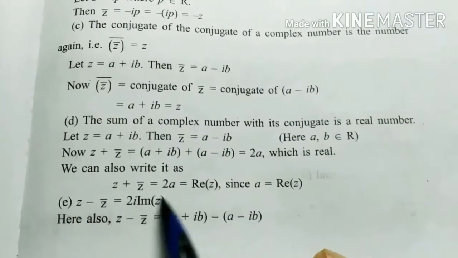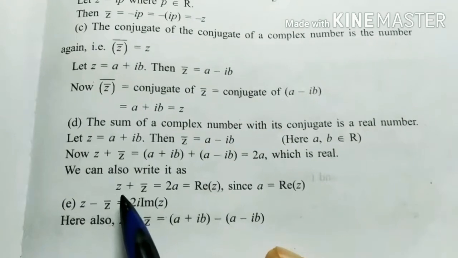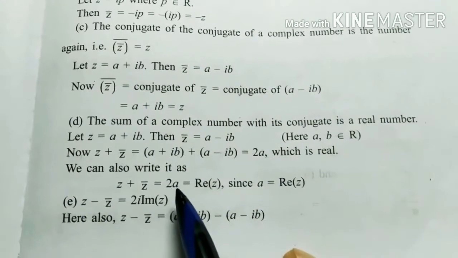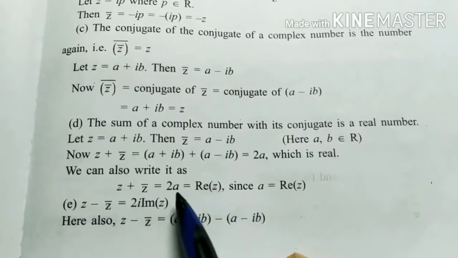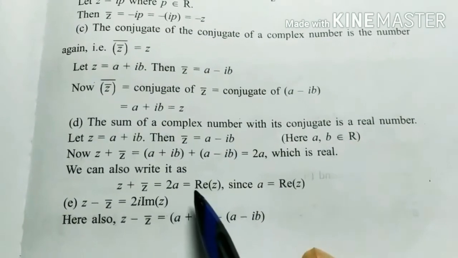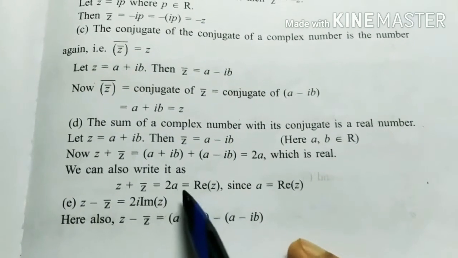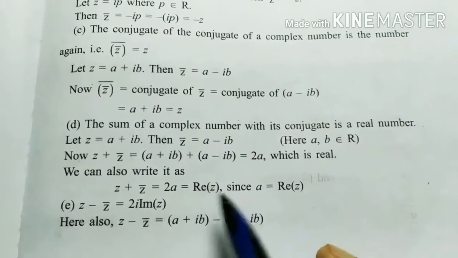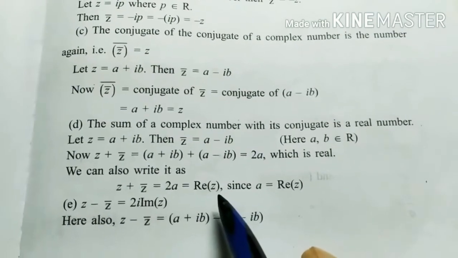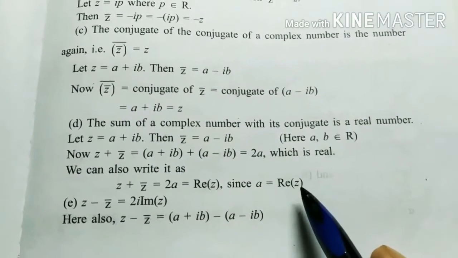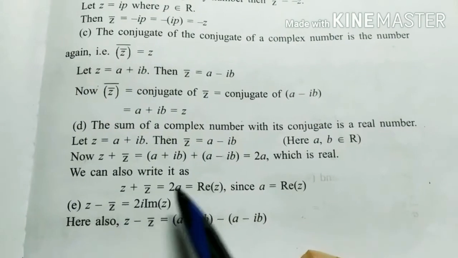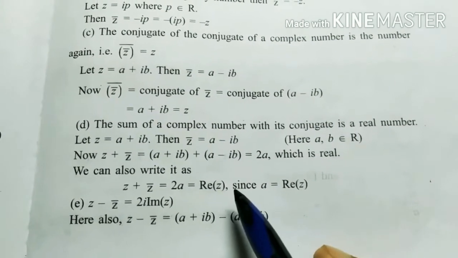I think they have made a small mistake here. It is z plus z bar equals twice a, and a is the real part of z. So this will be twice Re z, because a is the real part of z. So z plus z bar is equal to twice Re z.